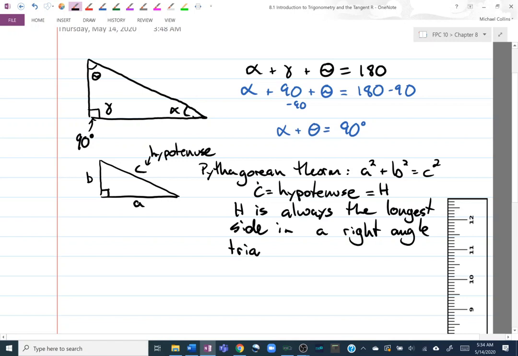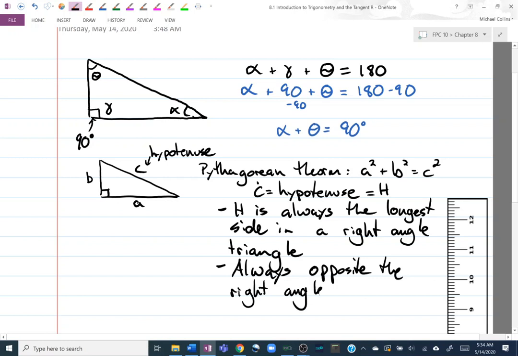So if you're just looking at a triangle that's not a right angle triangle, you don't usually have a hypotenuse. And it is also always opposite the right angle. Notice how these two legs are right beside the right angle, and the side opposite is the hypotenuse. The hypotenuse will always be opposite that right angle. And that we're going to need to know for today.